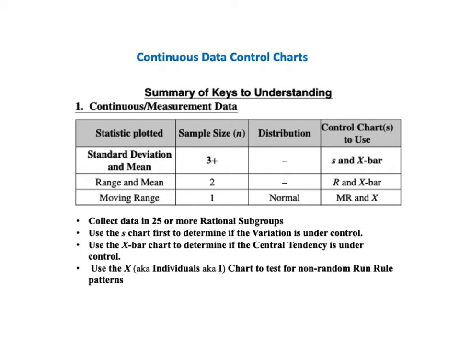And use the X bar chart to determine if the central tendency is under control. And use the X, also known as the individuals chart, also known as the I chart, to test for non-random run rule patterns. If the software for these charts doesn't automatically provide that information, and usually it does, also use it to identify individual out-of-control points.